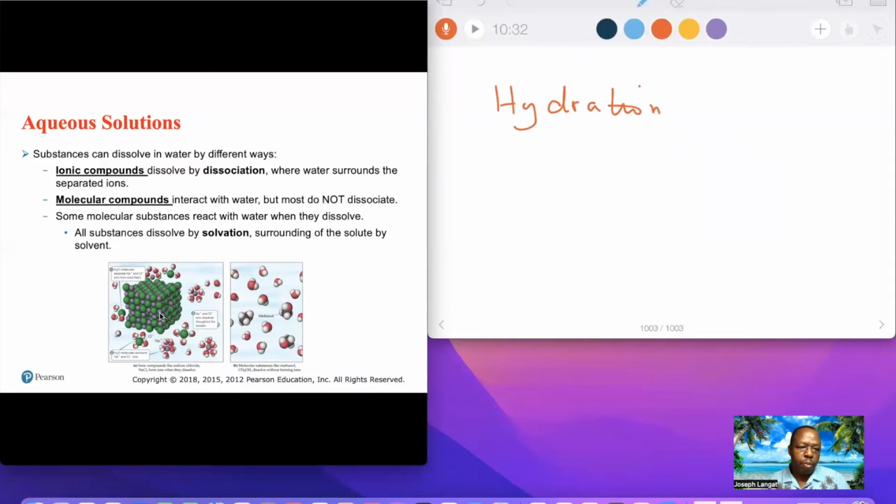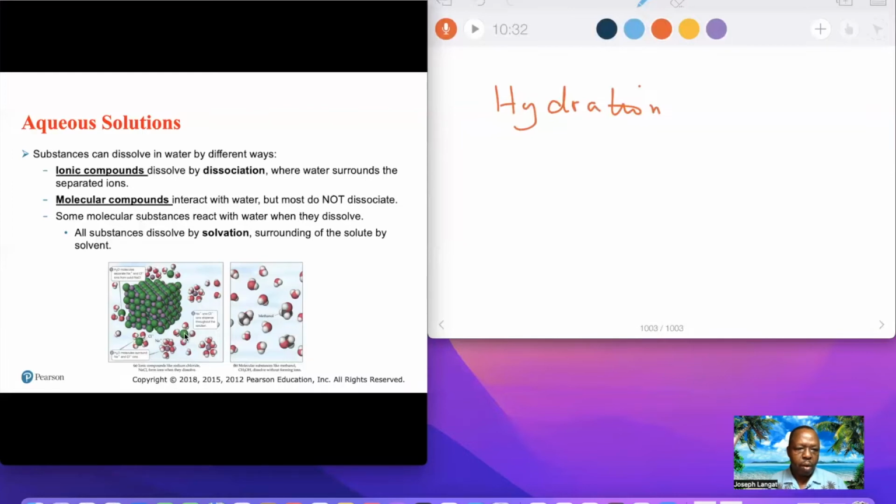The blue spheres represent sodium. If you look at how the water molecules orient themselves around the sodium cation, they use oxygen to surround it.